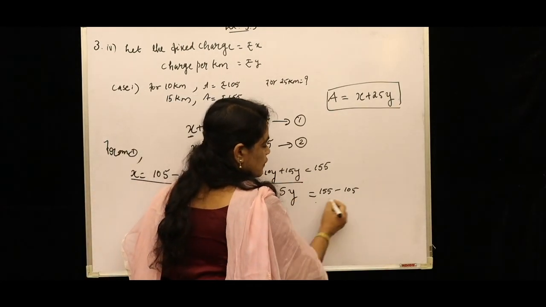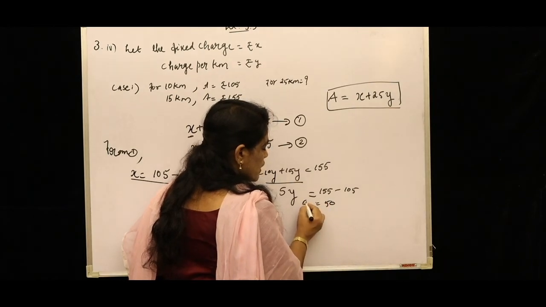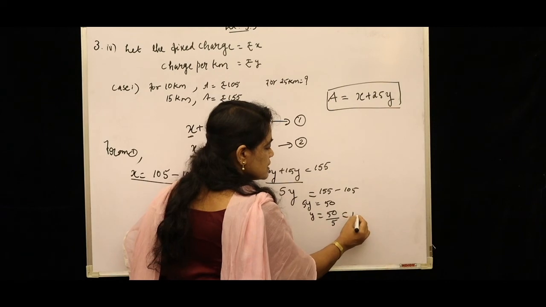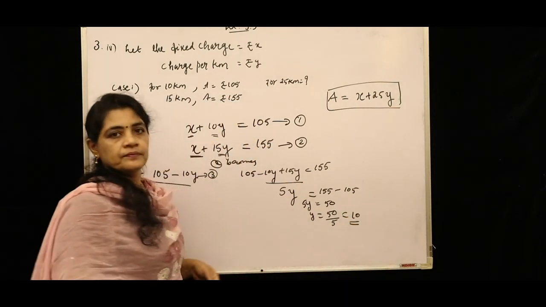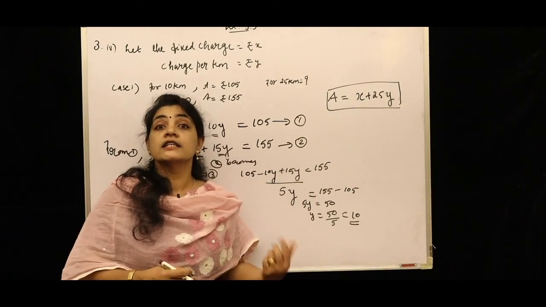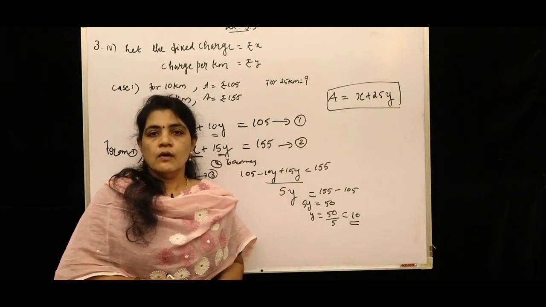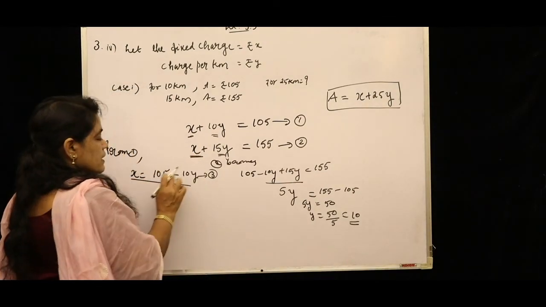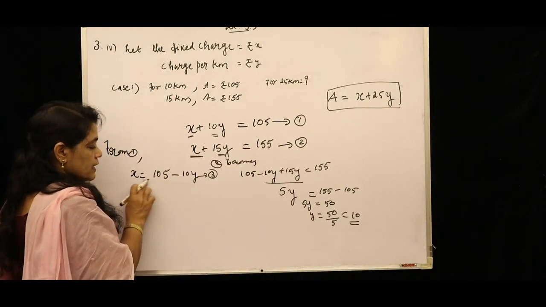This is 50 and this is 5y, so y is 50 divided by 5, that is rupees 10. That is y, the charge per kilometer, which we have got as rupees 10.